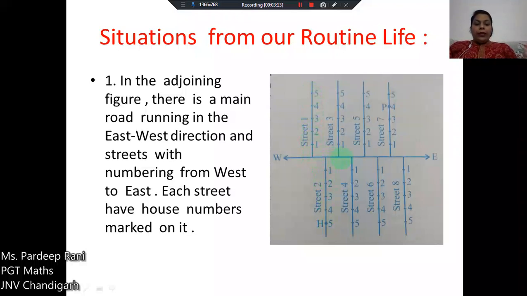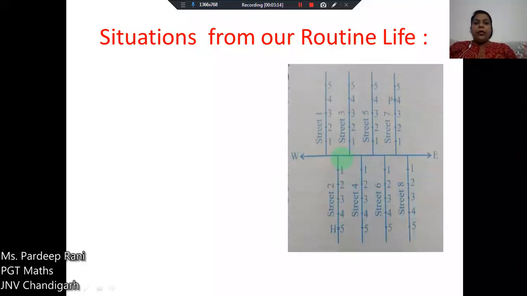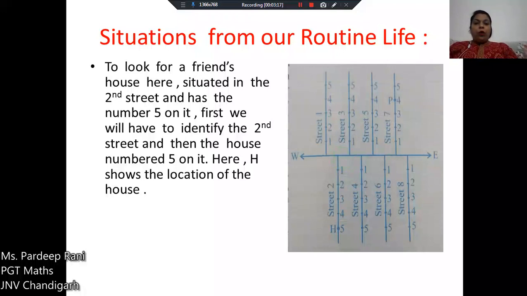Now, the activity we are going to do is, if we have to look for a friend's house situated in street number 2 and house number 5, then what will we have to do? We will have to locate first street number 2. This is the street number 2 which I am pointing out here. Then we come across the houses 1, 2, 3, 4 and 5.